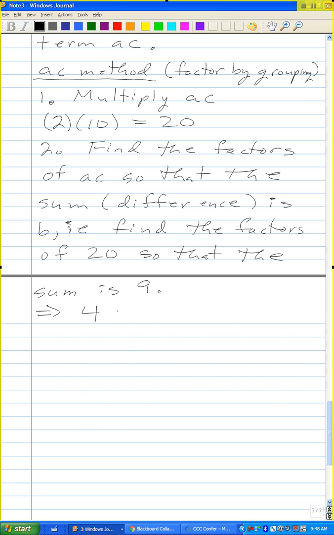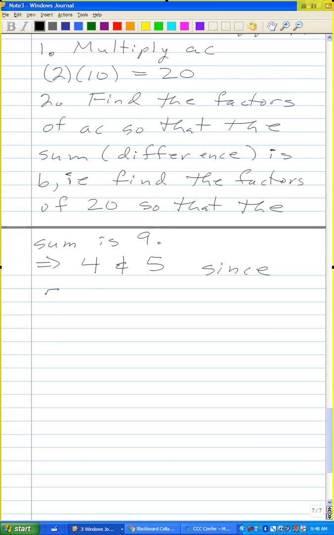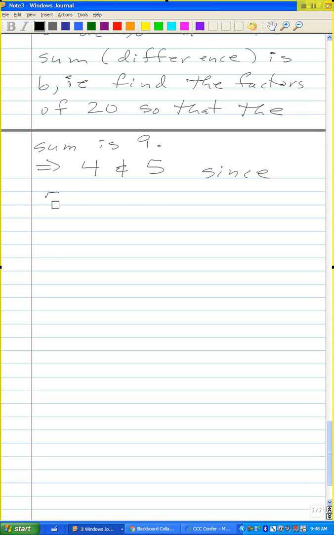So 4 and 5. And that's because, well, 4 times 5 is 20. And 4 plus 5 is 9. So good. So I have that their product is 20 and the sum is 9.